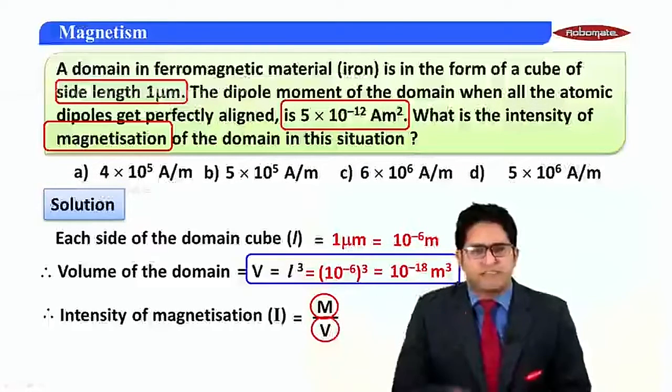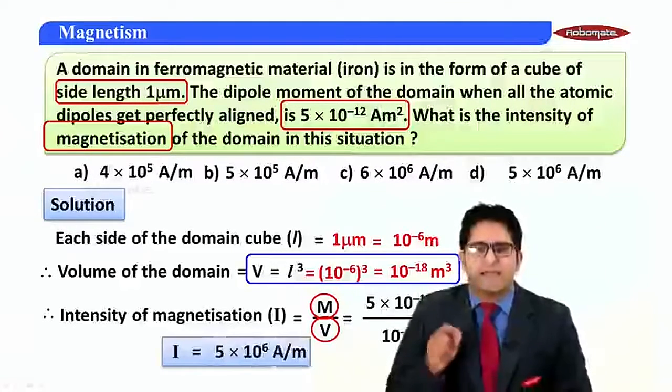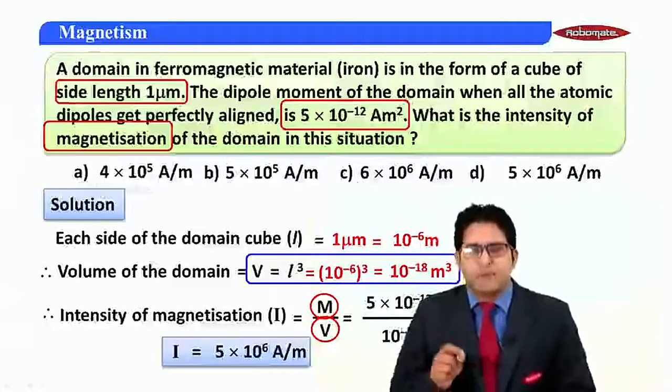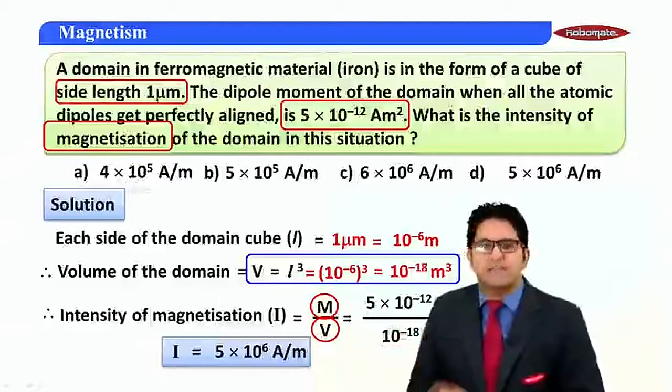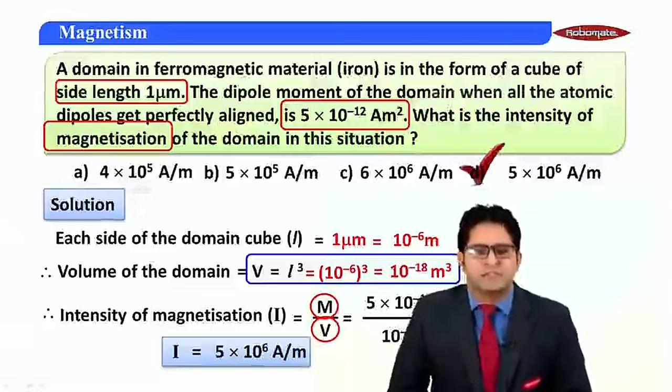So if I place these values, what will I get? I'll get 5 into 10 raised to power minus 12 upon 10 raised to power minus 18 ampere meter square upon meter cube. So after calculating, I'll get the final answer as 5 into 10 raised to power 6 ampere per meter. And this is nothing but the value of intensity of magnetization. So which is the correct answer? In this case, option D is the correct answer.